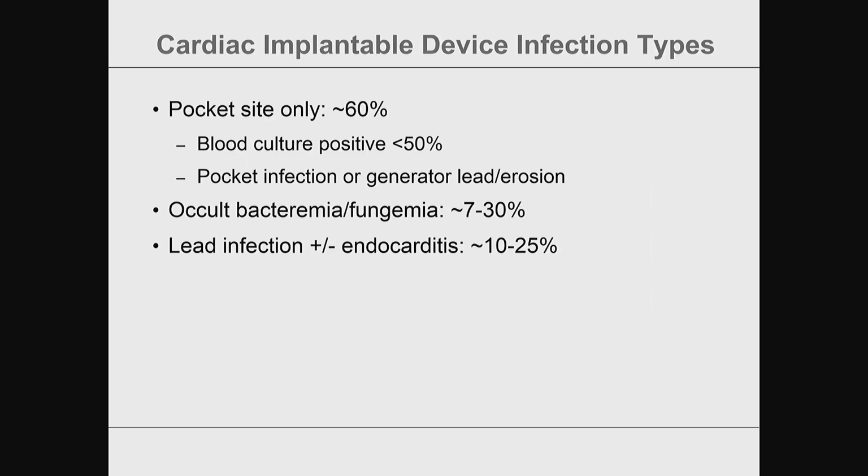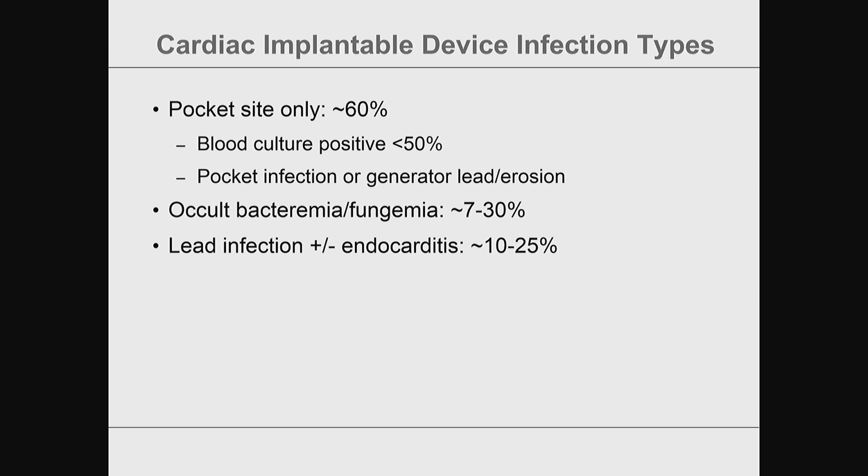Let's talk about what types of cardiac implantable device infections we have and how we define these. You may have just a pocket site only infection, which makes up about 60% or so. Of those pocket site only infections, less than half will have a positive blood culture. With the pocket infection, you may have a generator or lead erosion.